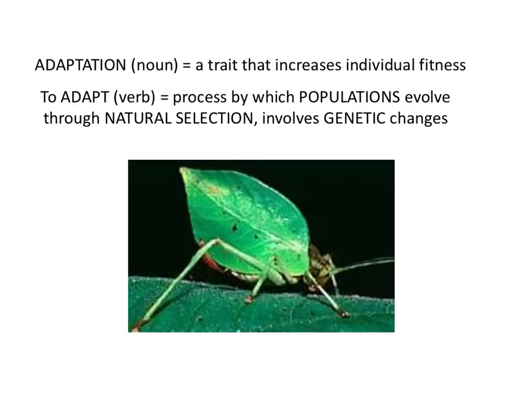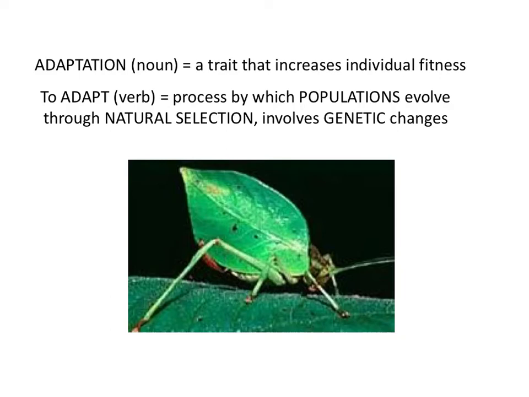So let's address some of the terminology that's relevant here. The word adaptation is a noun, so strictly speaking, an adaptation is a trait that increases an individual's fitness. It's something that is beneficial in a given environment. And to adapt, as a verb, is a process by which populations evolve through natural selection, and it involves genetic changes within the populations.